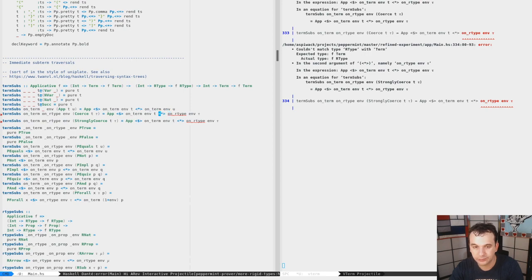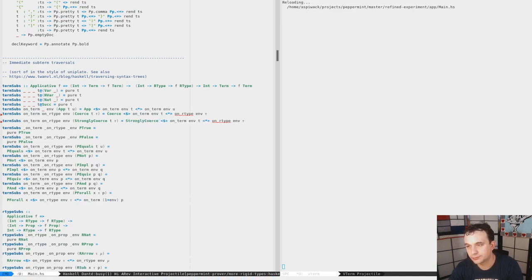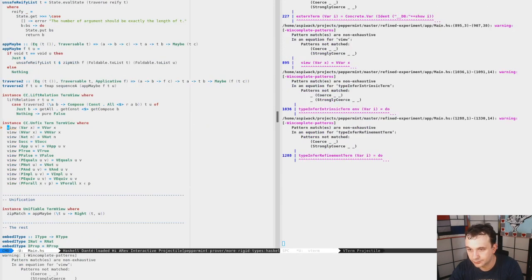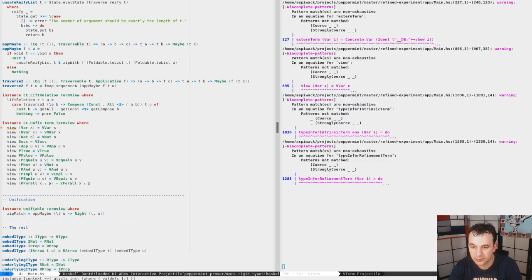Oh. I need the view. Where's the data view?